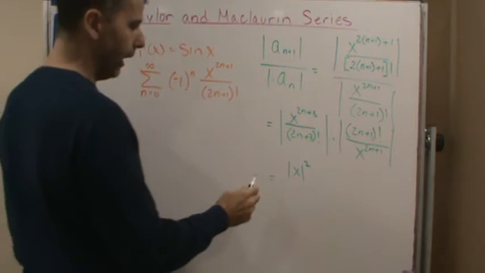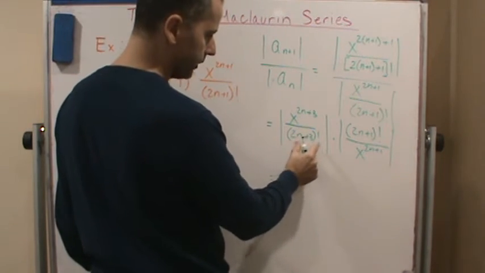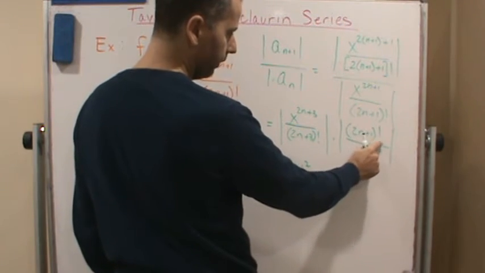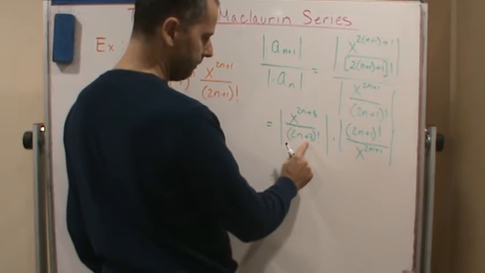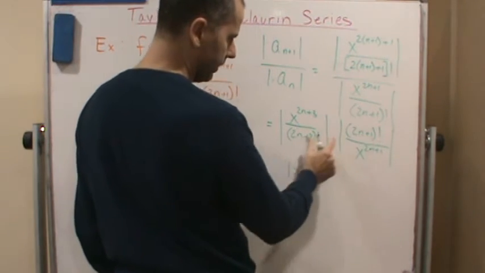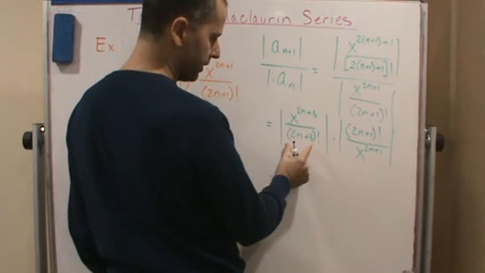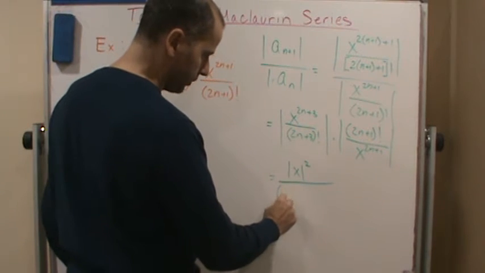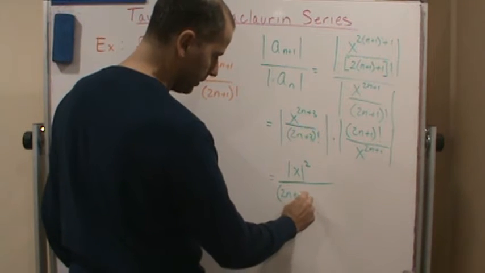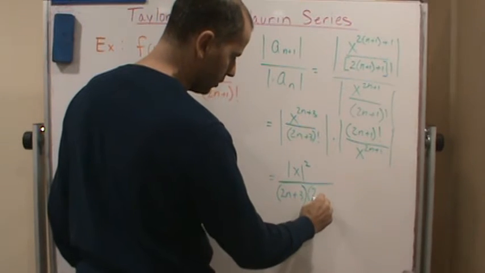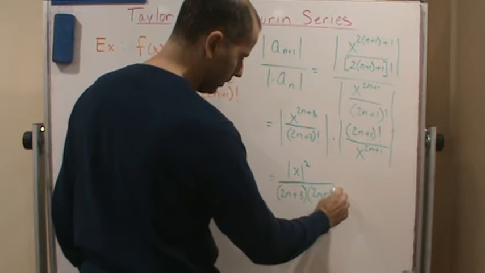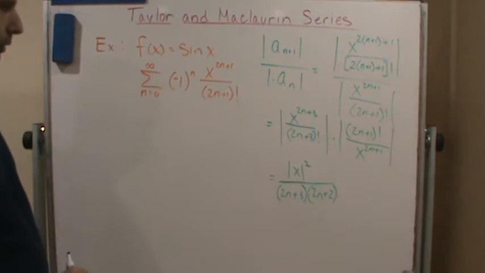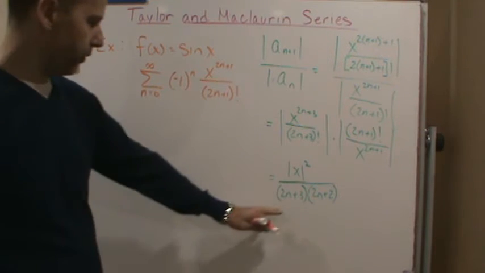Now here I've got a factorial. This is 2n plus 1 factorial, and this is 2n plus 3 factorial. So this is going to cancel all the factors except the first two. So I'm going to end up with the first two factors on the bottom. So it's going to be 2n plus 3 times 2n plus 2. And the rest of these are canceled by the factors in the numerator. And so this is what I have.